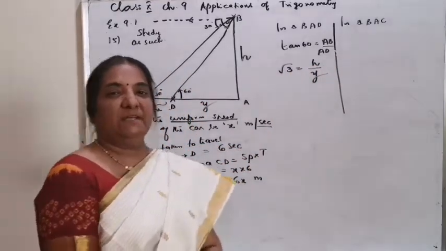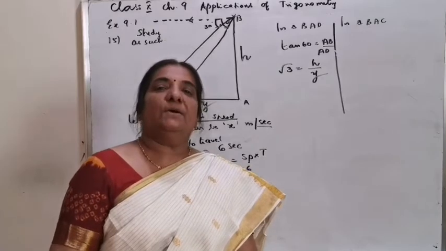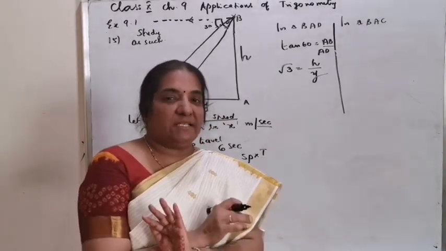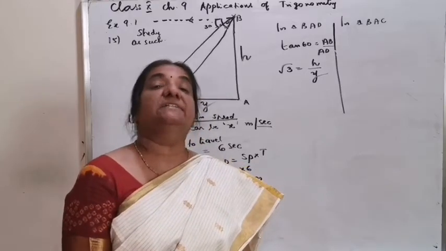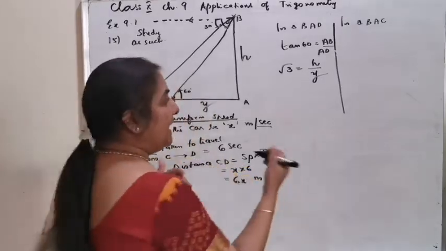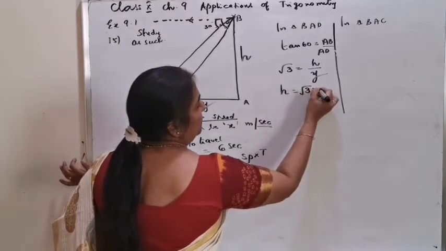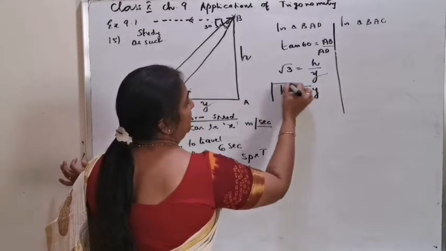In this question, the peculiarity is that we are going to eliminate h, because the question has not asked you to find the height of the tower. So h is equal to root 3y.